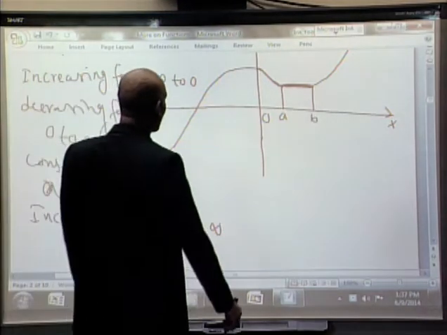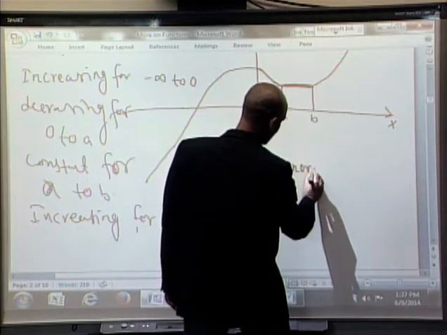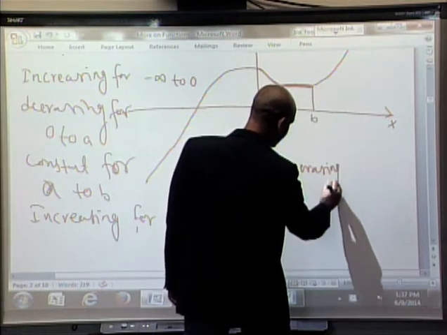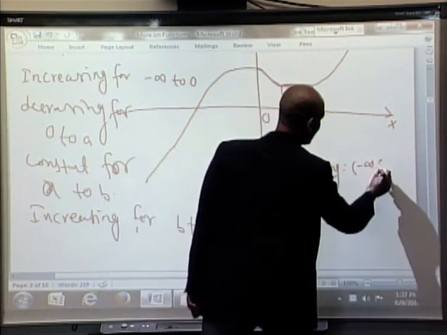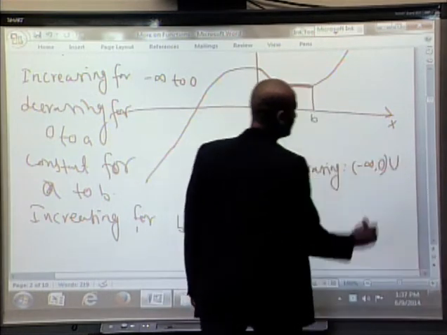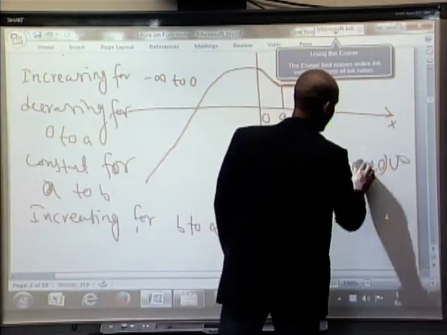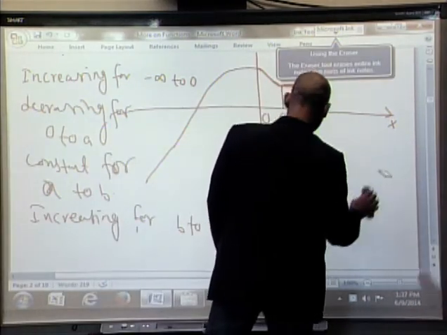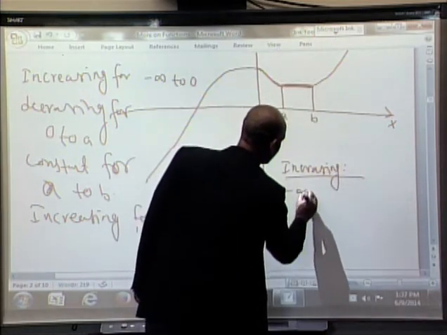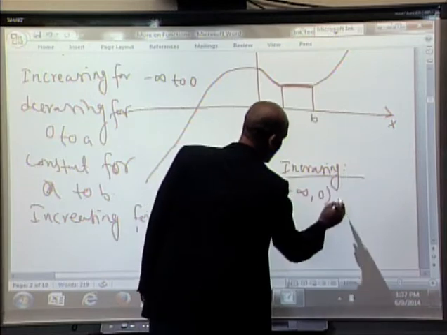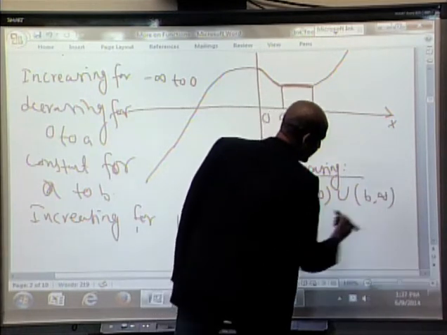So, I can summarize this result and I can say this function is increasing for negative infinity to 0 as well as b to infinity.